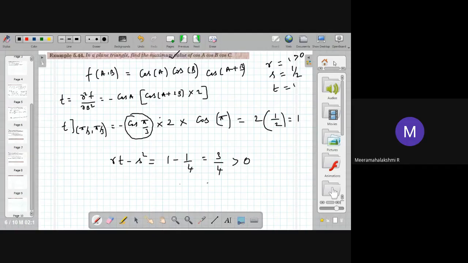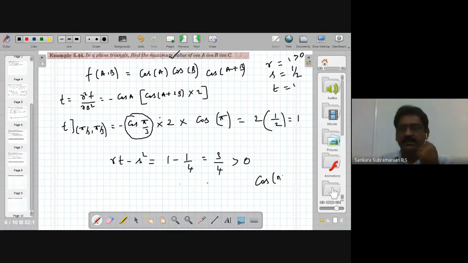Sir, what is the value of cos pi, sir? Cos n pi equal to -1 whole power n. If n is even, you get +1. If n is odd, you get -1.